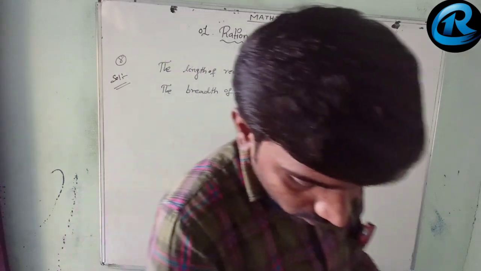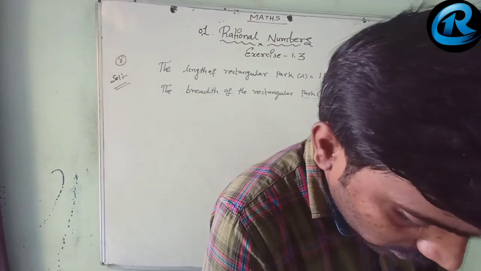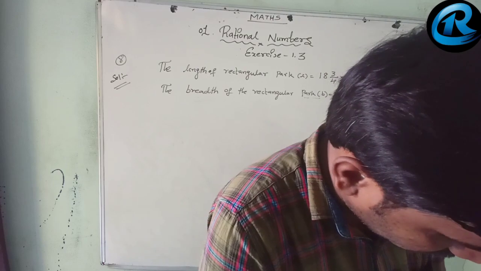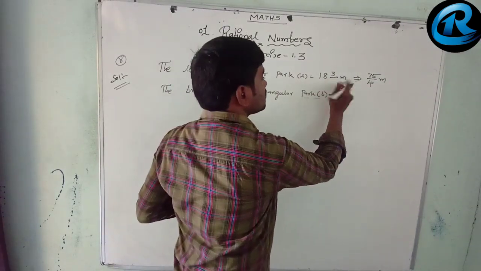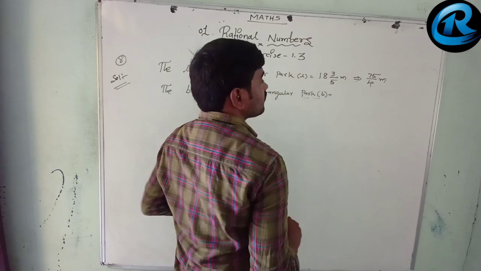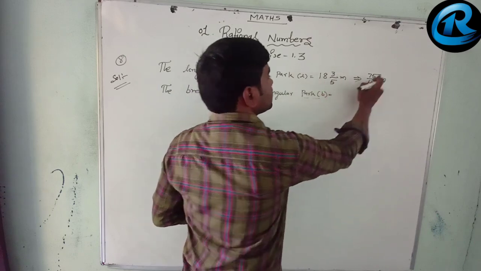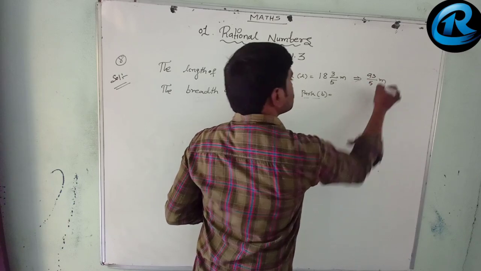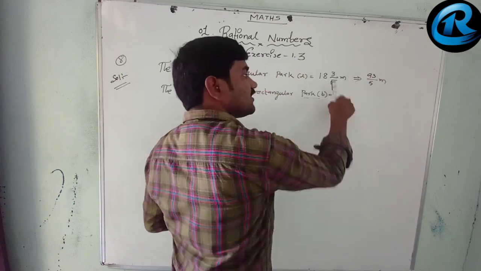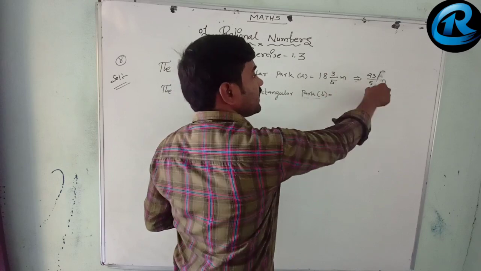That is 8 whole 2 by 3. So here it is not 4, it is 5. 18 5s are 90 plus 3, 93 by 5. If it is 5, 18 into 5, 90 plus 3, 93 by 5.